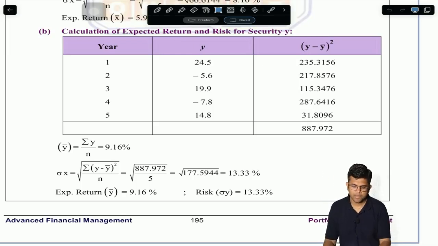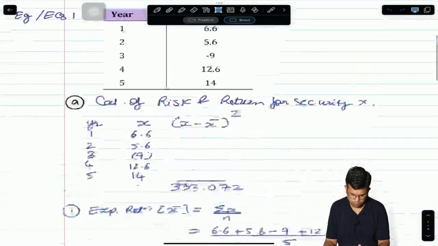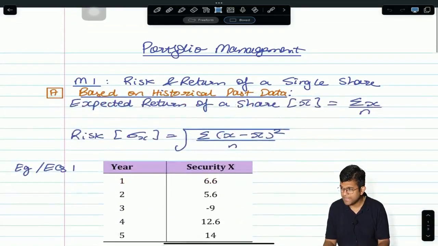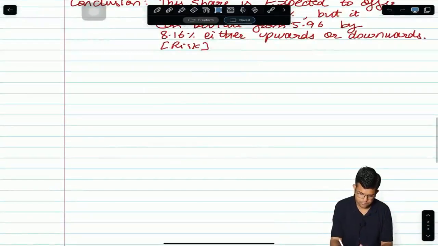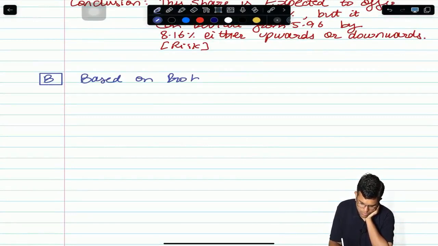Okay. So now in your notebooks, everybody please write down part B of the module and give heading based on probable future data.